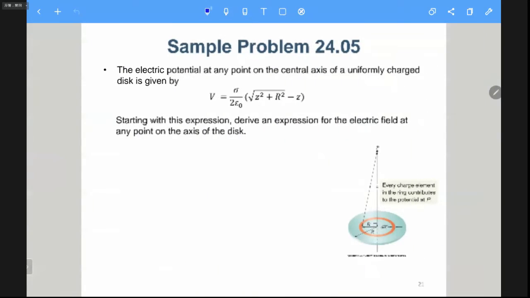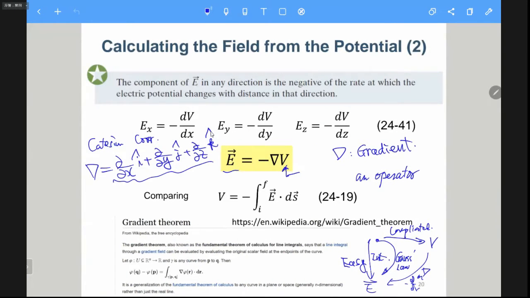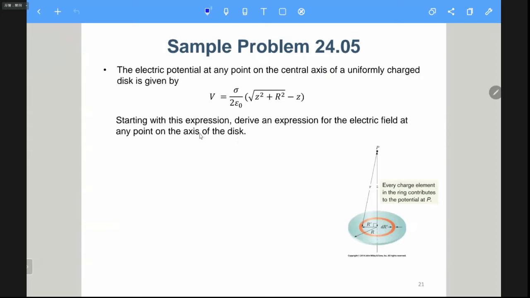Then we can make use of this expression to find the electric field from the electric potential. Starting with this expression, derive an expression for the electric field at any point on the axis of the disk. It is very simple because we only need to take the derivative.